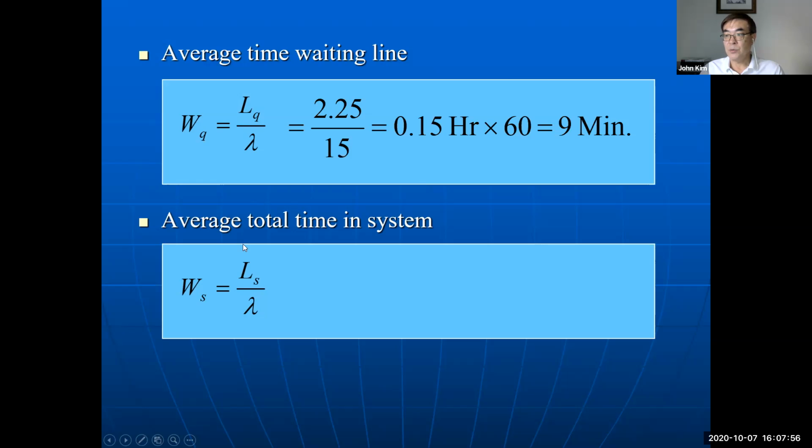And average total time in the system, including waiting time and service time: LS, total number of customers in the system, divided by arrival rate, equals 3 divided by 15, 0.2 hour, times 60, so 12 minutes total time in waiting and service.